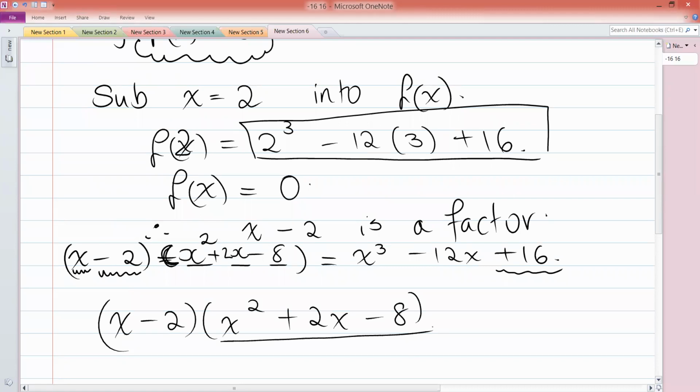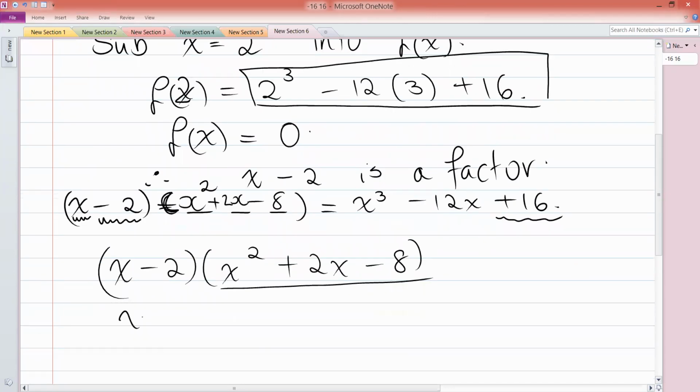How can I then factorize the second part? So you're going to have 2 brackets. Remember, keep in the back of your mind that one of the solutions we got was x is equal to negative 4. So that means we need to make sure that we have the factor x plus 4 there.